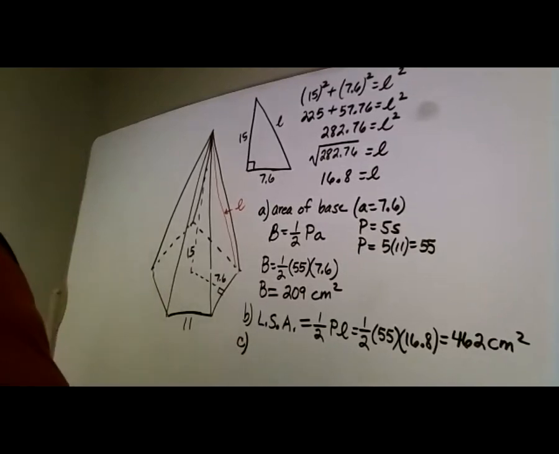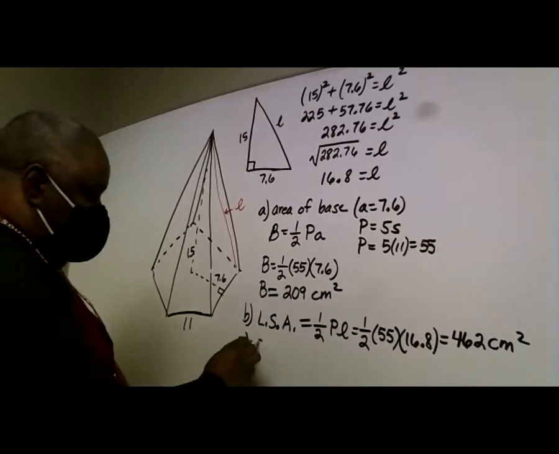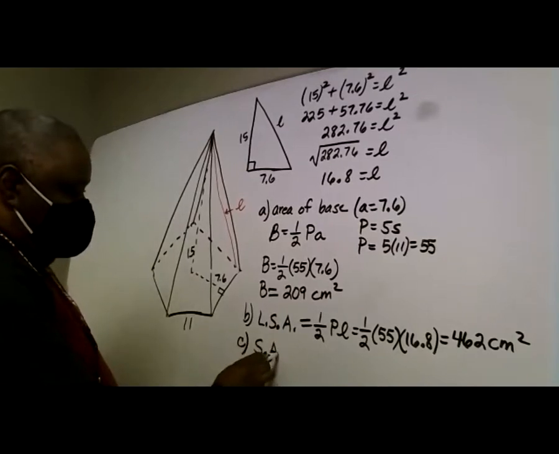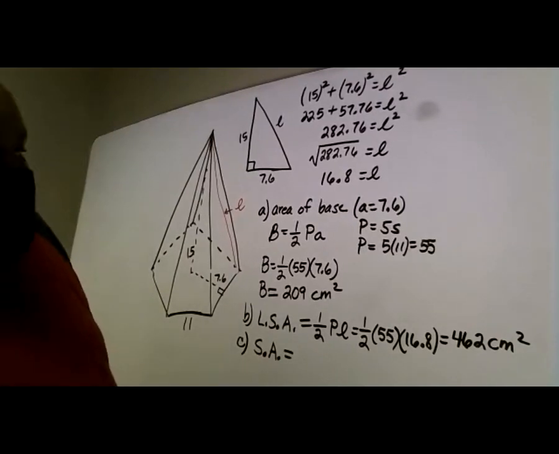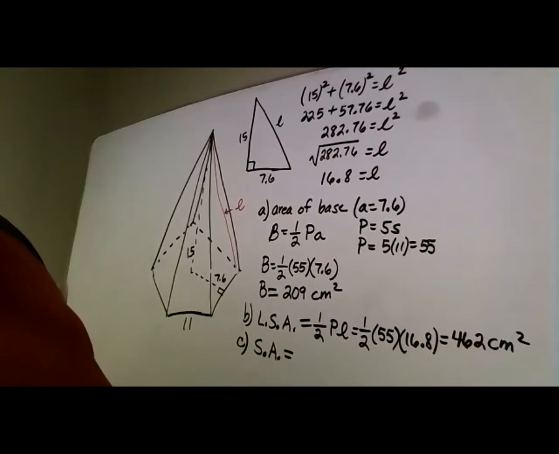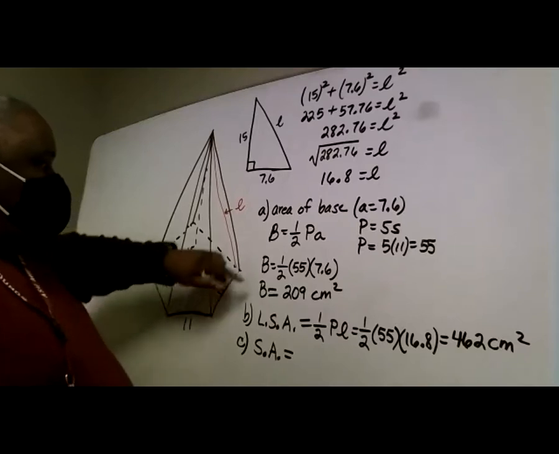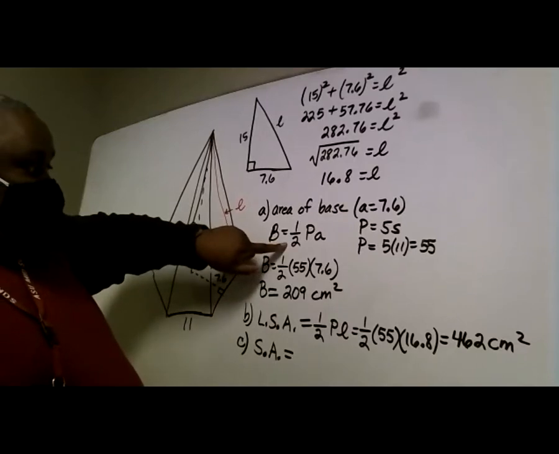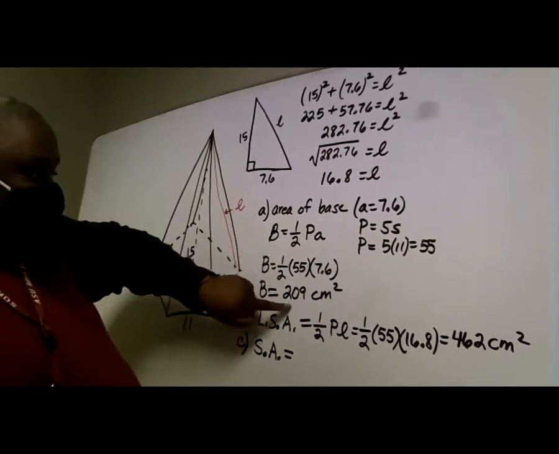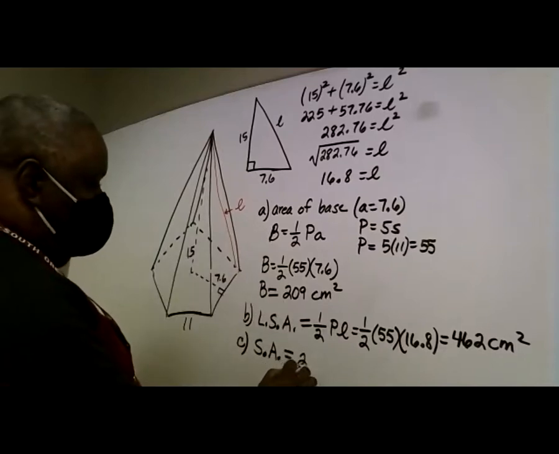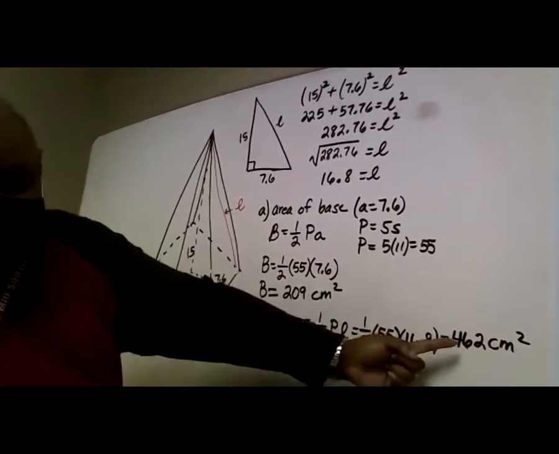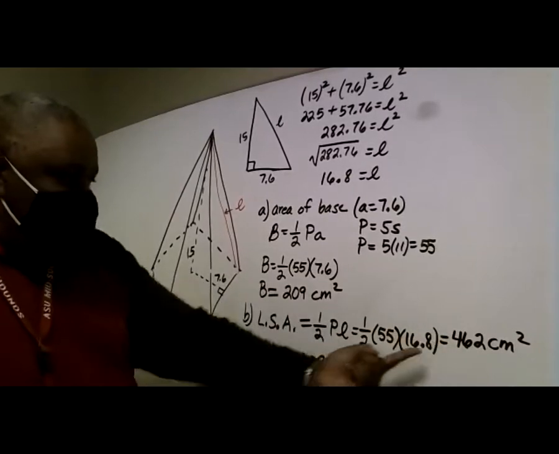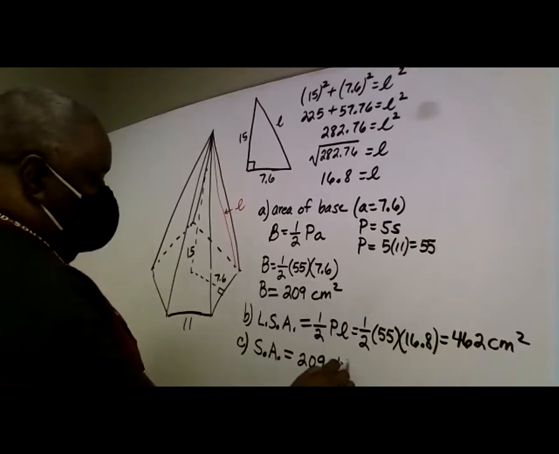Now, part C is finding the surface area of the pyramid. So here, I take the area of the base, that's the 1/2 P times A, that's just 209, plus the lateral surface area. That's the 1/2 P times L. That's just 462.